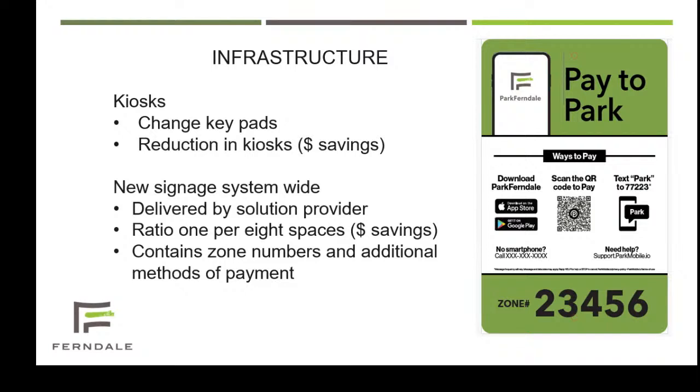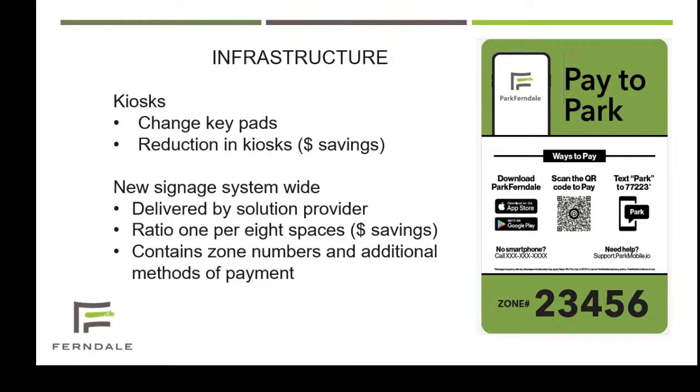The new signage system-wide is one of the big things that we anticipate out of the benefits of this. The signage that we're going to get is provided by our payment solution provider. So the actual hard physical signs are not coming out of DPW's budget, and they're not coming out of parking's budget.